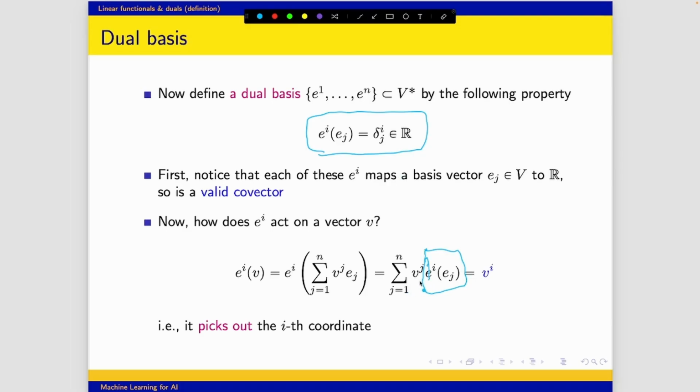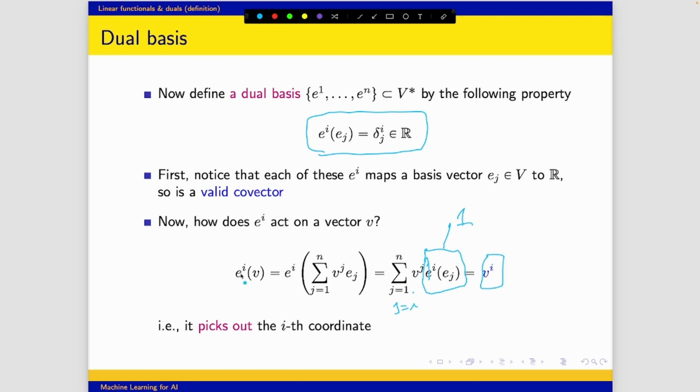So we're summing from J equals 1 to N, and these will all be 0 except when J equals I. For J taking on any other value, these will all be 0. But when J equals I, this becomes 1, and we get VI. So this becomes VI because J equals I. We get VI times 1, which is just VI.